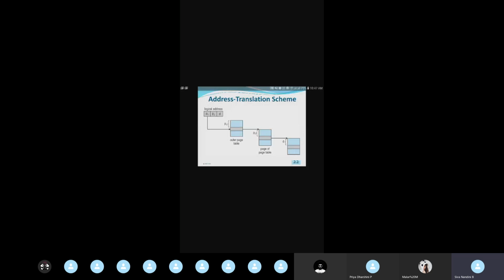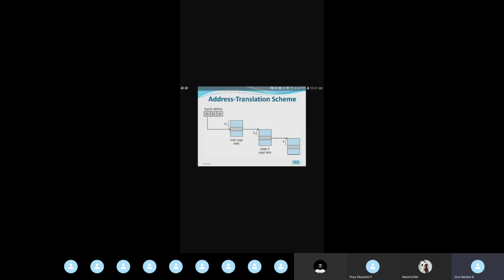From this p1 it goes to the outer page table, and in the inner page table it goes to a particular page number. Likewise we'll be obtaining this p2, and from the p2 we find the frame number, then it will be going to the physical memory, and in that particular frame number we will add this offset and obtain the address. This is in case of two level paging.